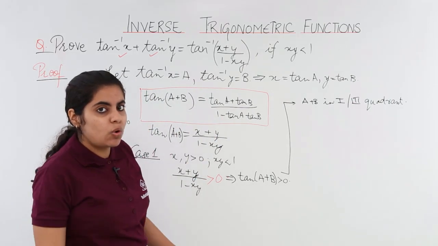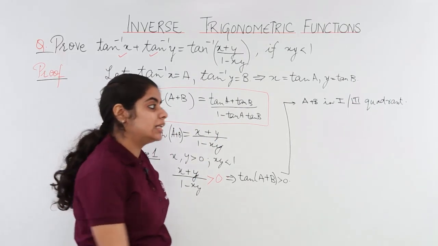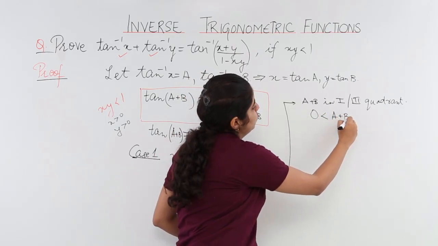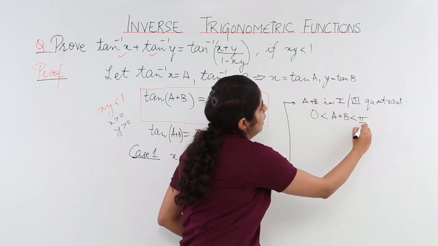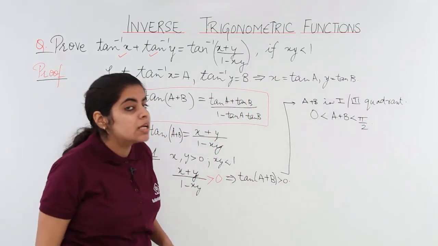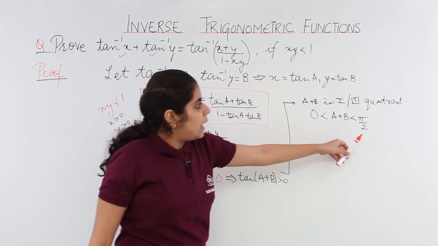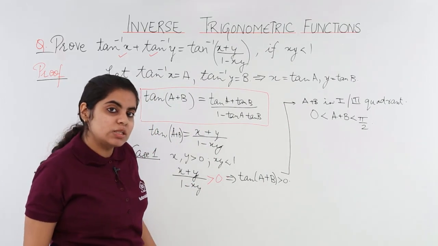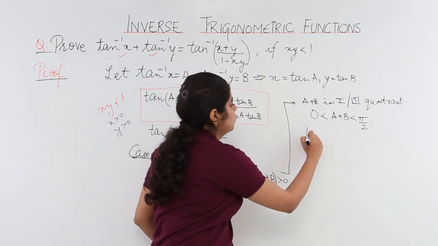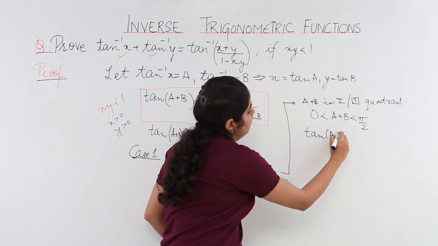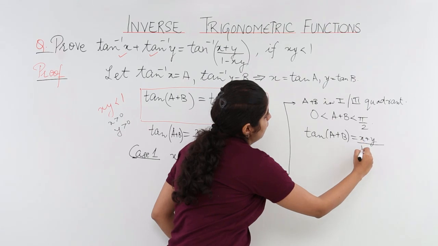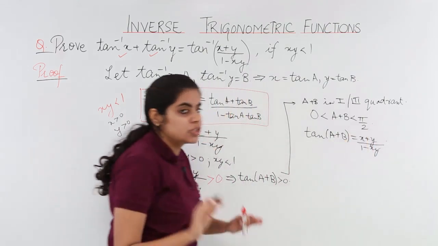Suppose it is in the first quadrant. I have a plus b angle in the first quadrant. That means 0 to pi by 2 will be the criterion for the first quadrant. Now 0 to pi by 2 is my a plus b. That means tan a plus b is positive. So tan a plus b is equal to x plus y upon 1 minus xy, which is the formula.